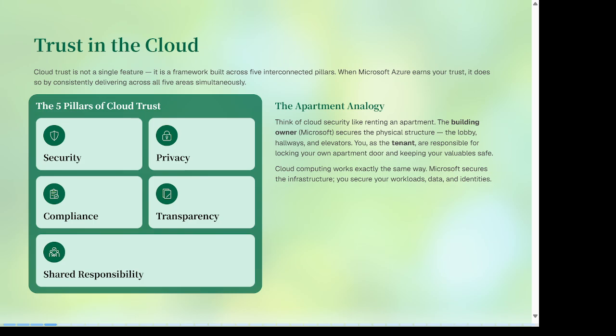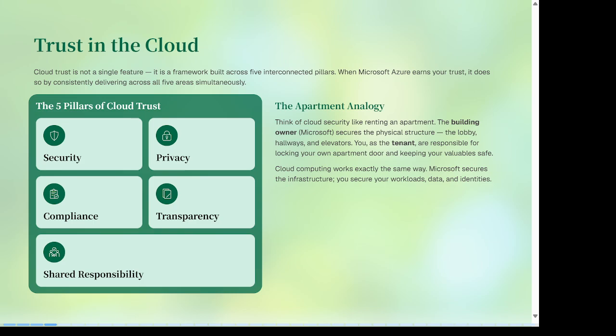Okay, let's imagine you are renting an apartment. The building owner is responsible for keeping the building itself secure. They install security cameras, maintain the entrance, secure the lobby, hallways, elevators, and ensure the building is structurally safe.